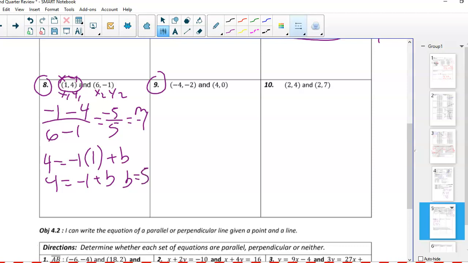But remember, that's not your final answer. Your final answer needs to be an equation. What would that equation look like? y equals -1x plus 5. So -x plus 5 or y equals -1x plus 5. Either one, doesn't matter.